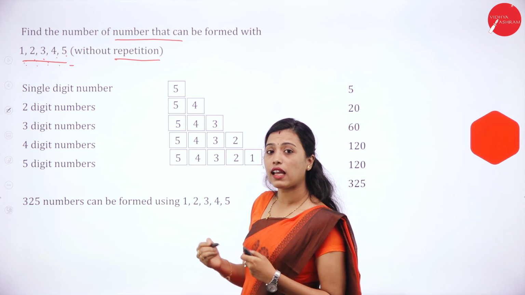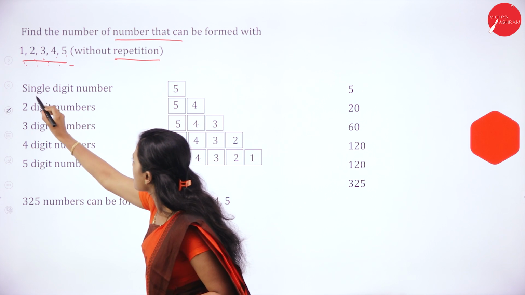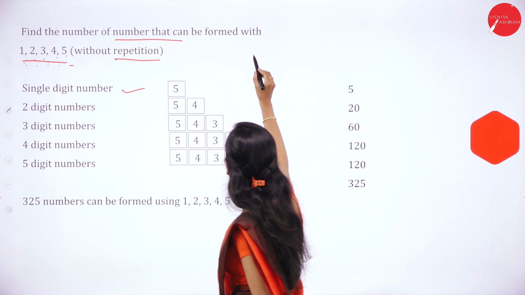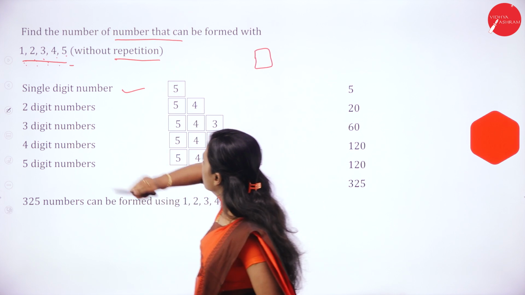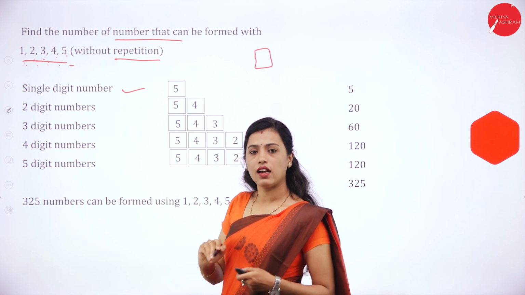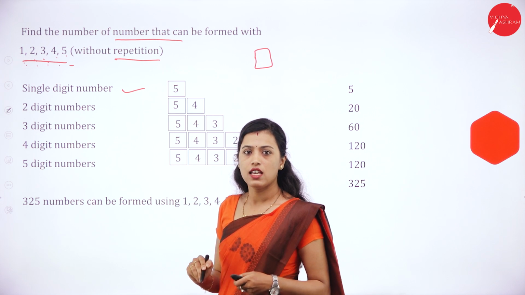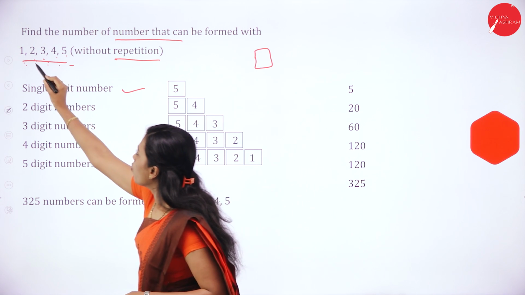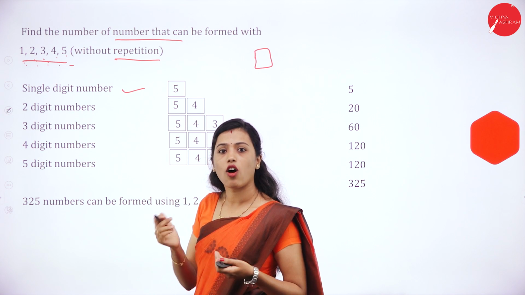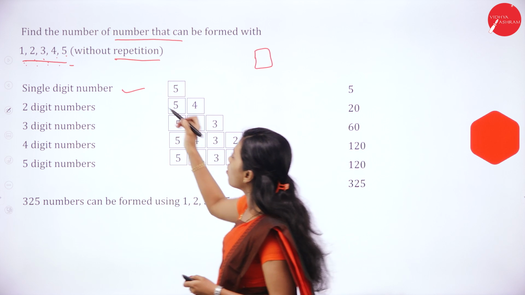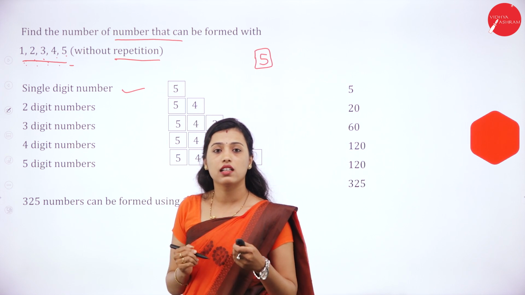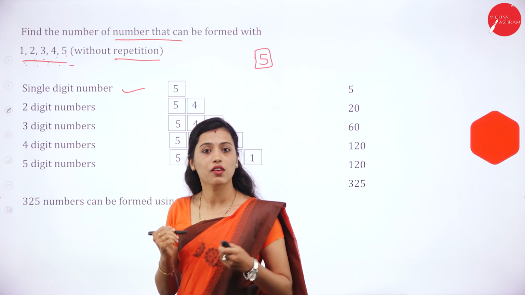So how can we arrange single digit numbers? In the first box we can write 1 or 2 or 3 or 4 or 5. So we can arrange in 5 ways.